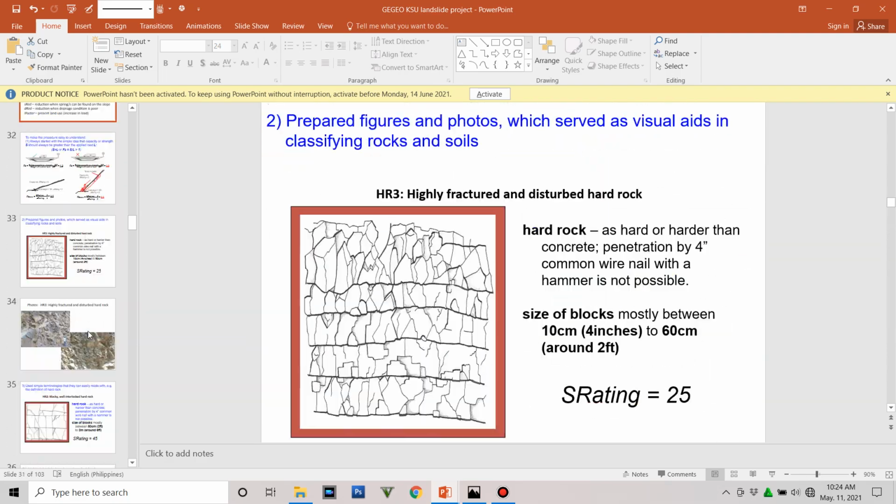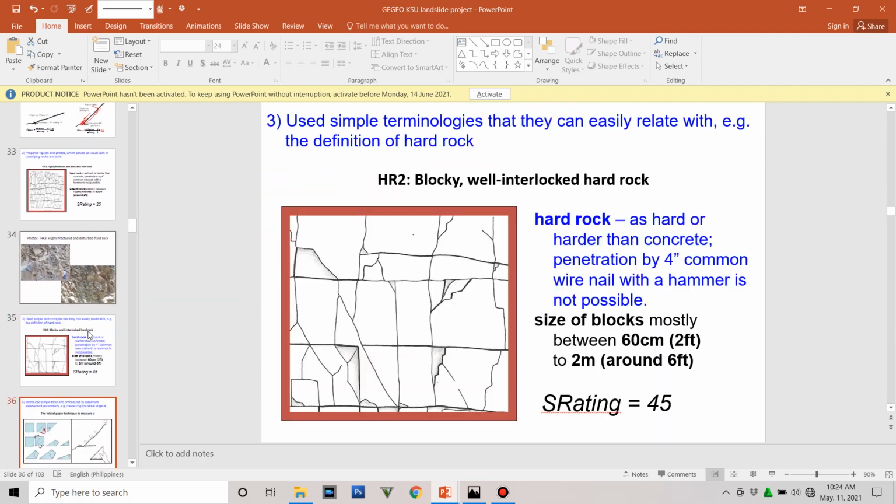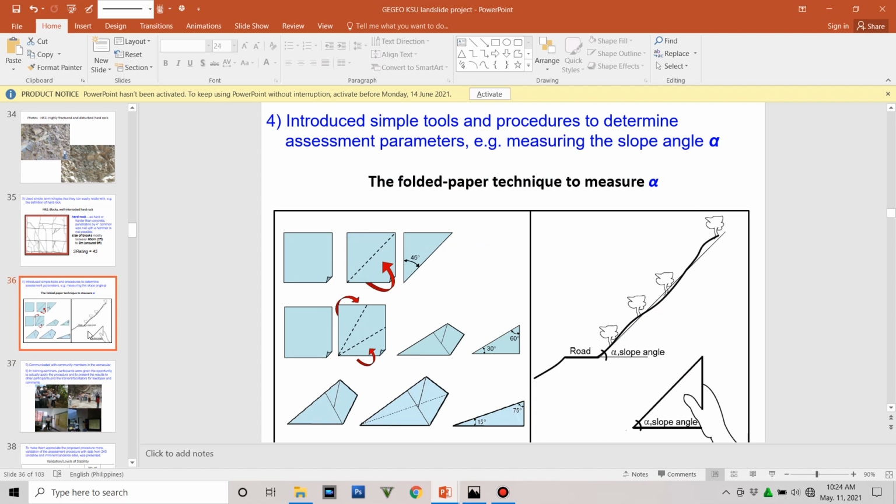so how can we measure slope angle with a simple folding technique? You can practice it at home. Ngayon, kapag nag-fold ka ng square paper, i-fold mo yan symmetrically, that is 45 degrees.